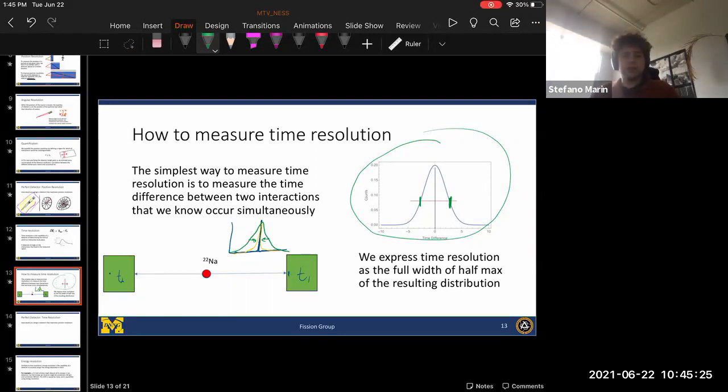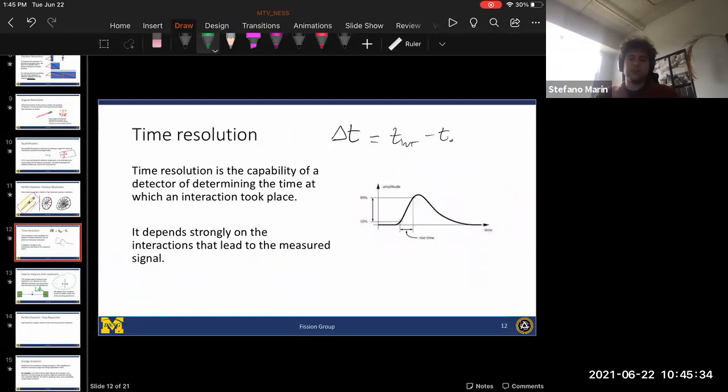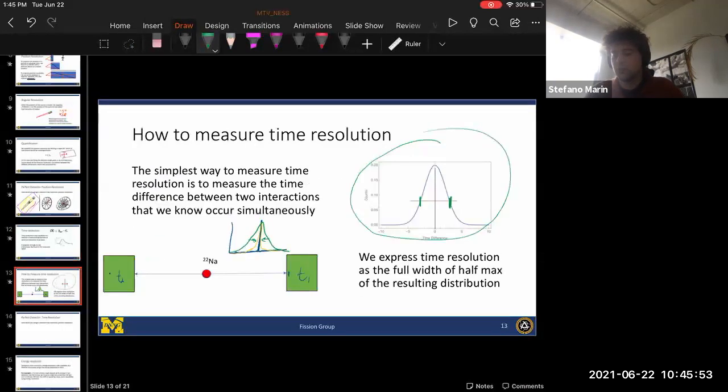Just a note here: if we were performing this measurement, we have to go back to what I said in the earlier slide, where we haven't measured the absolute time that a single detector is taking place. We're measuring the time difference between two things. And when you measure the difference between two things, from your introductory error analysis, you know that the errors are going to add. So this quantity here is actually larger than the time resolution of any single detector.